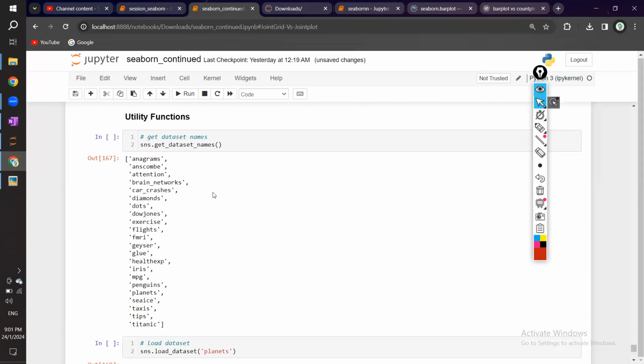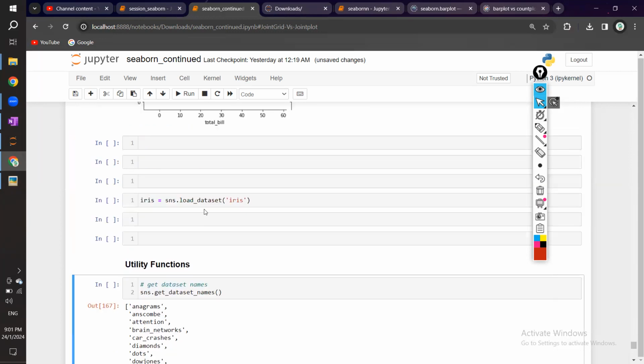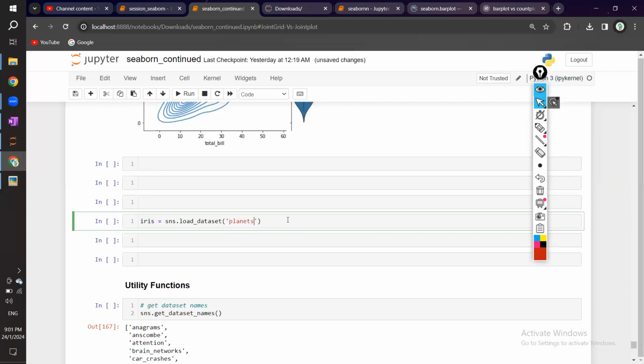Just pick one. You don't want to pick? Okay, fine. I'll take, for example, planets. I'll load the datasets, planets.